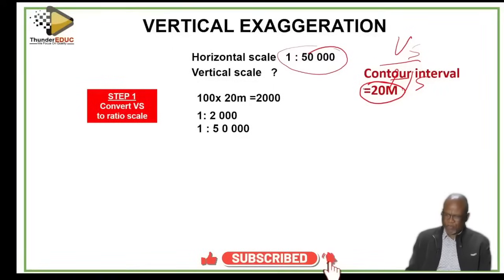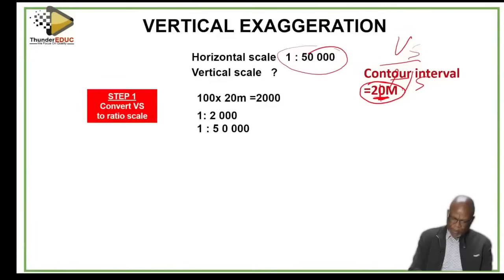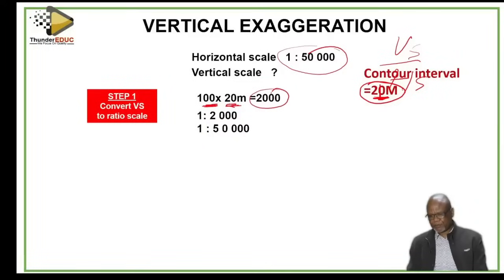How many centimeters are there in 1 meter? There are 100 centimeters in a meter. So you multiply 100 centimeters by 20 meters, and you get 2,000.